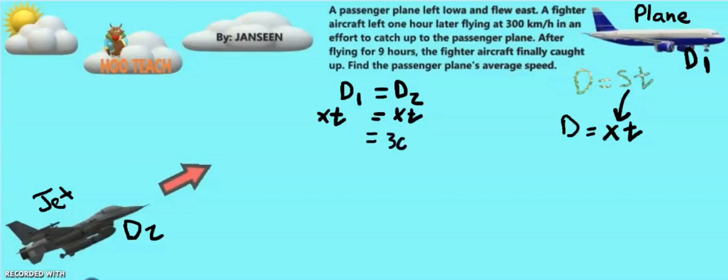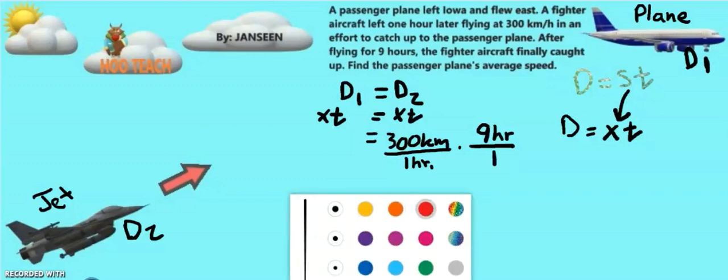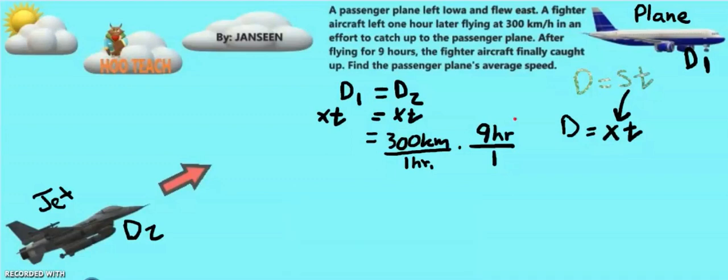So 300 kilometers per hour. And then we know it was out there for 9 hours, right? It took 9 hours for the jet to catch up to the plane. Okay, over 1. And then I'm going to use red to cancel my common factors, right?